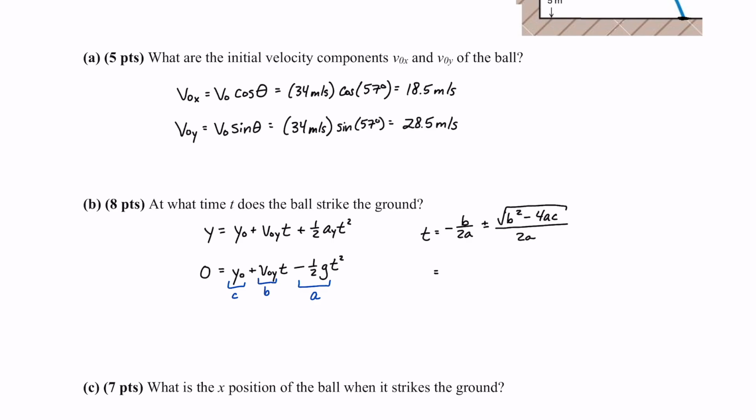We can plug these quantities into the quadratic formula, giving negative v naught y over 2 times negative 1/2 g, plus or minus the square root of v naught y squared minus 4 times a, which is negative 1/2 g, times c, which is y naught, all over 2 times a.